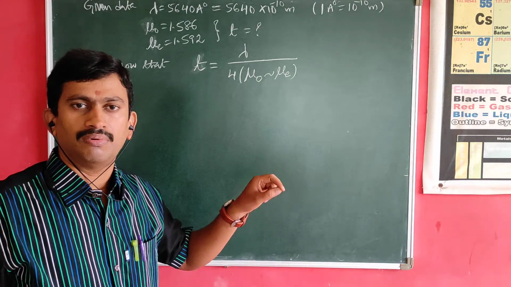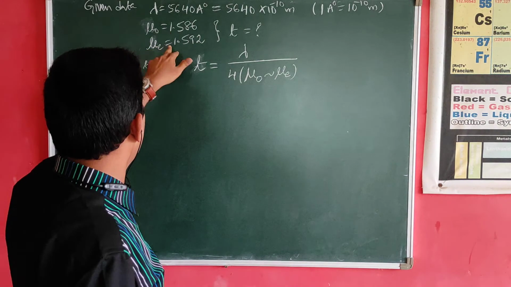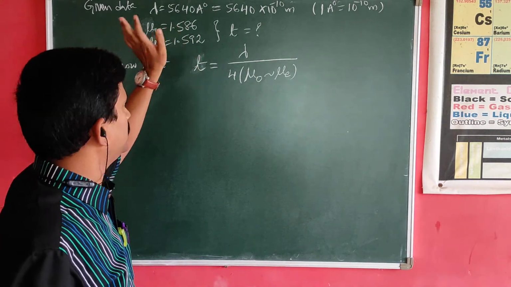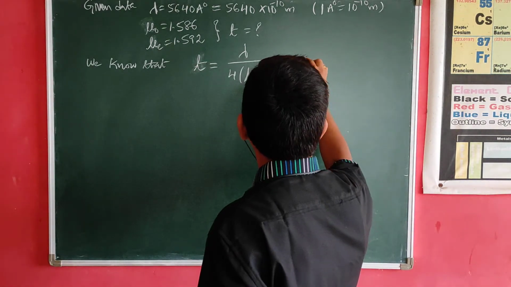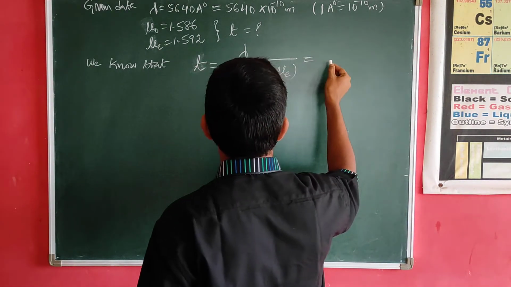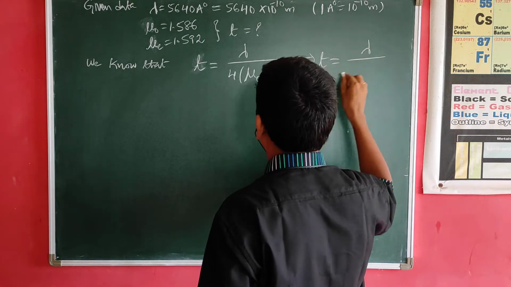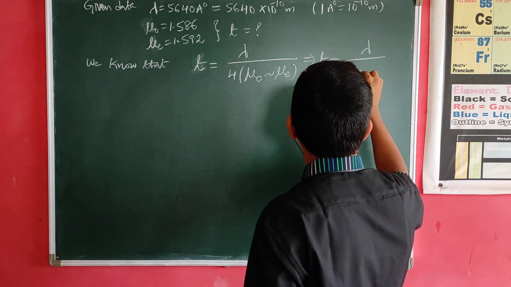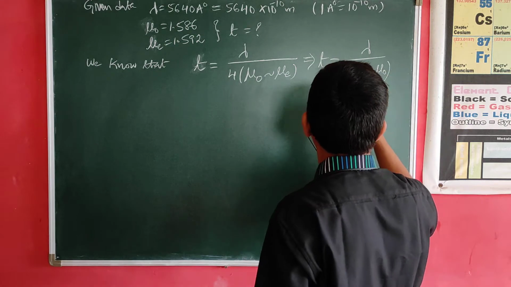Always you need to remember it. In the given data, mu E has the higher value and mu O has the smaller value. So we need to reconstruct this formula. That implies thickness t is equal to lambda divided by 4 into mu E minus mu O.